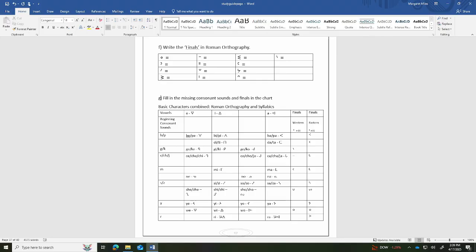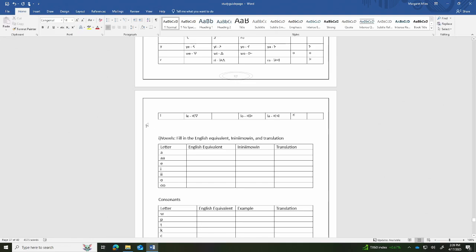G, fill in the missing consonant sounds and finals in the chart. So this chart is basic characters combined with Roman orthography and syllabics. Assignment H is vowels.